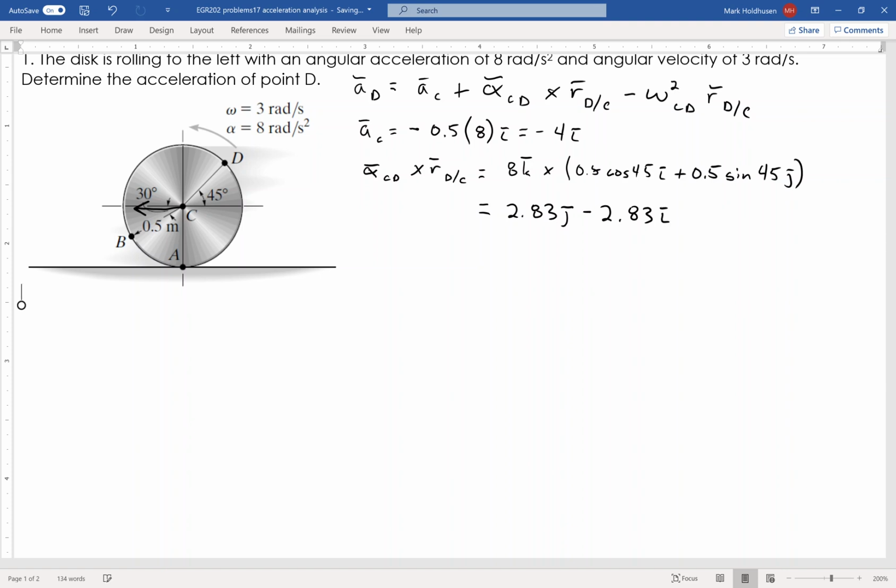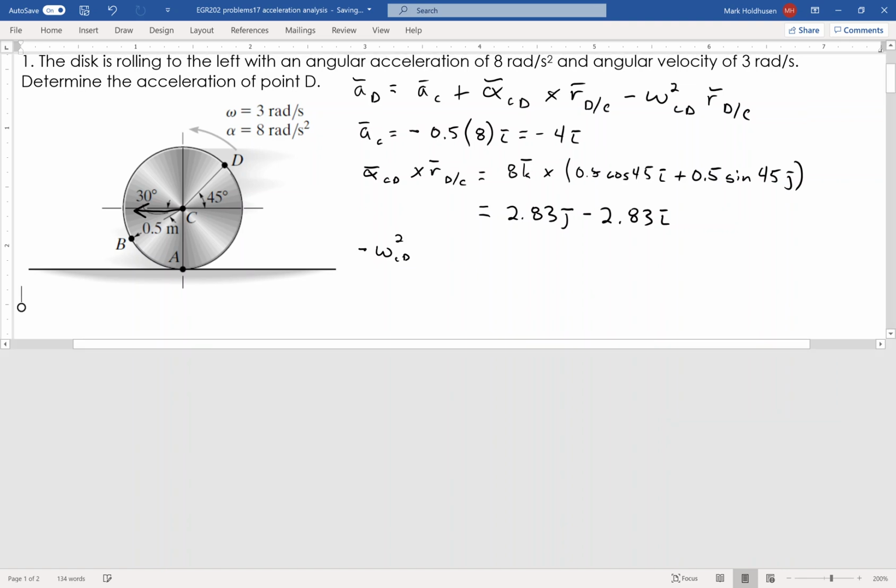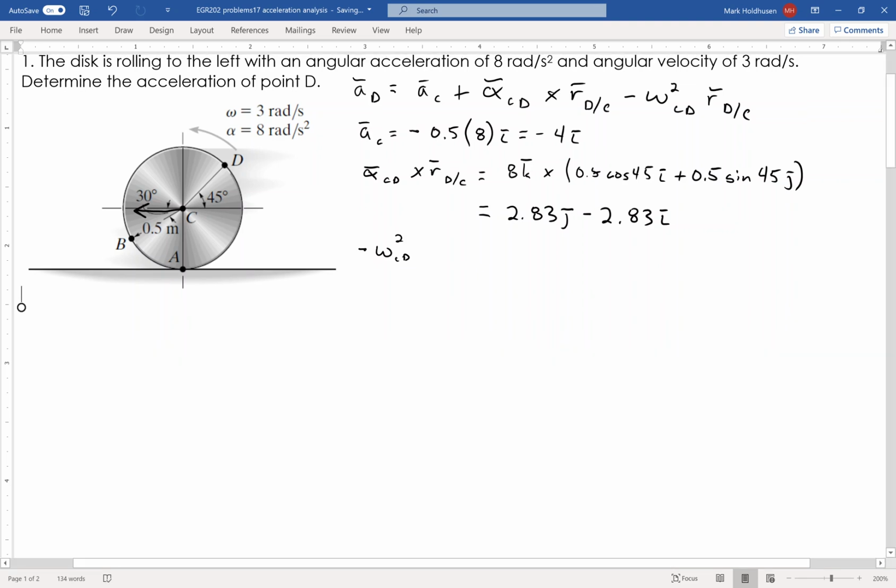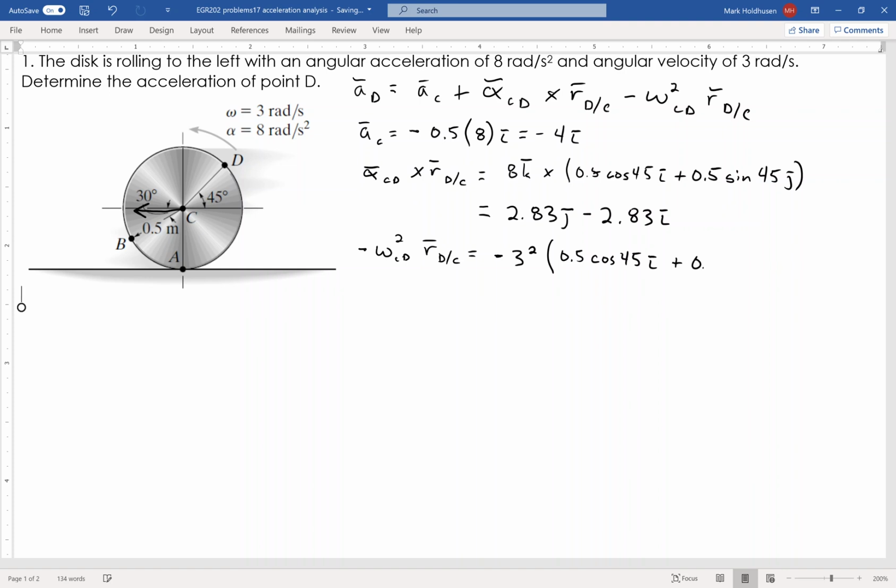Now moving on to the last one, this is the angular velocity squared, and again there'll be a negative in front of that, so omega CD squared R of D with respect to C. So I'm going to put a negative out in front of that, and again now I know omega is 3, so it's going to be negative 3 squared, and again times that same R, which is 0.5 cosine 45 I plus 0.5 sine 45 J. So the same thing.